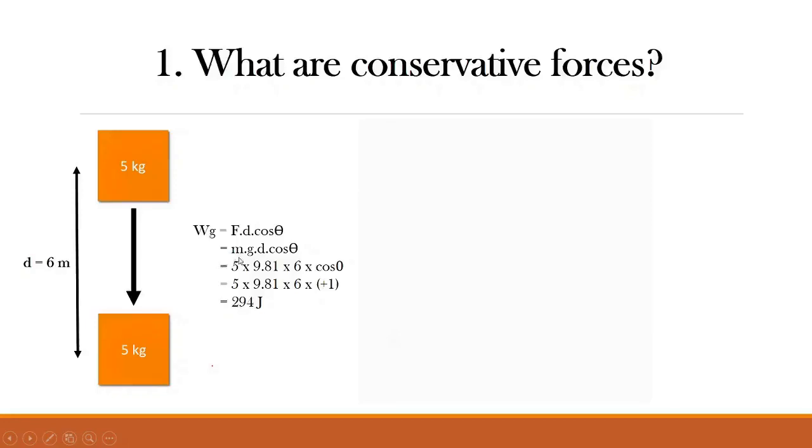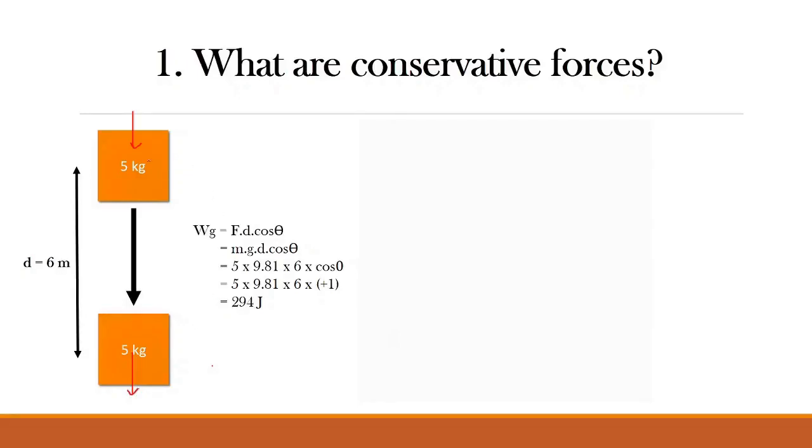Here we have taken the value of m equal to 5 kg, the value of g is known to us, that is 9.81 meter per second square, the value of d equal to 6 meter, and the value of theta becomes 0 degree, because the force acting on this body moving in downward direction and the gravitational force are also acting in downward direction.